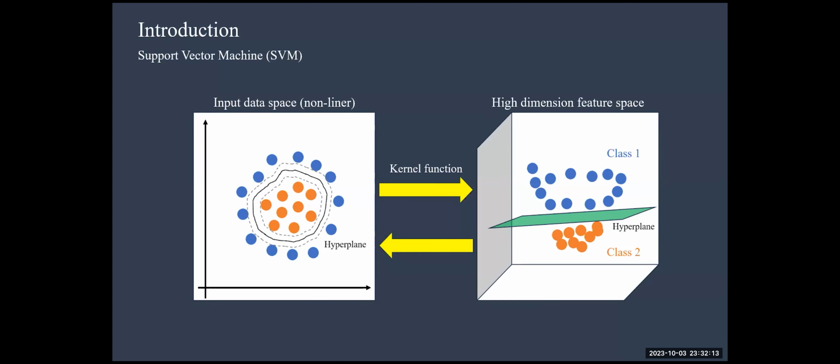Currently, kernel functions are extensively used in many binary classification problems. However, when faced with more complex classification problems, the accuracy of the kernel function is limited.